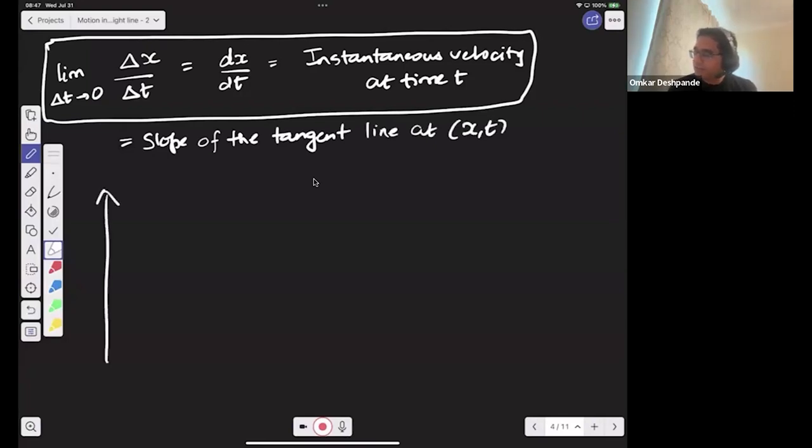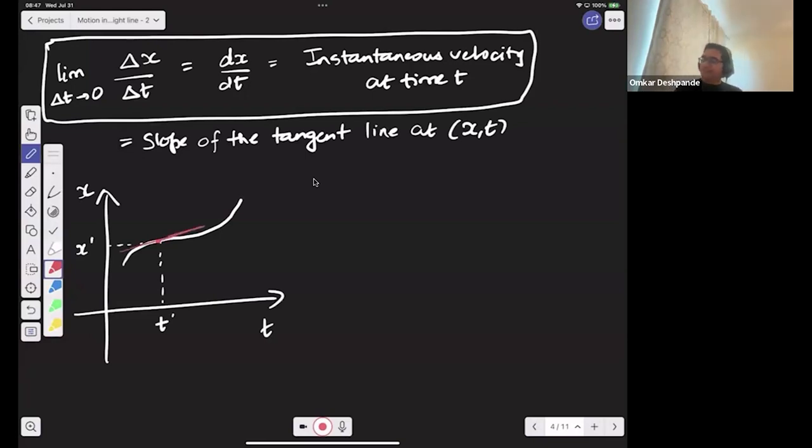So if I have an x-t graph that looks like that, and let's say at this particular time instant I'm interested in finding the instantaneous velocity, what I would do is I would look at the tangent line at this point, and its slope would give me the instantaneous velocity.